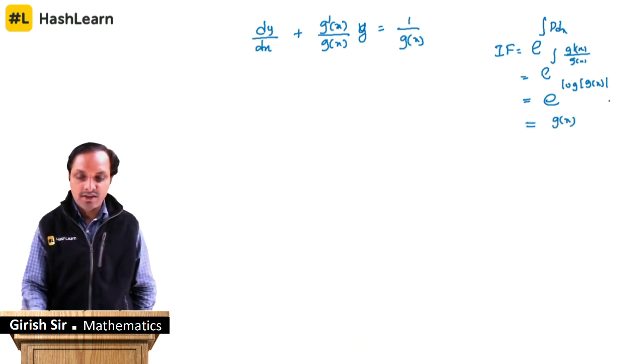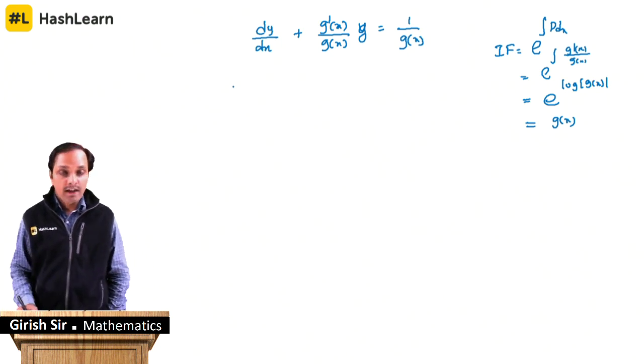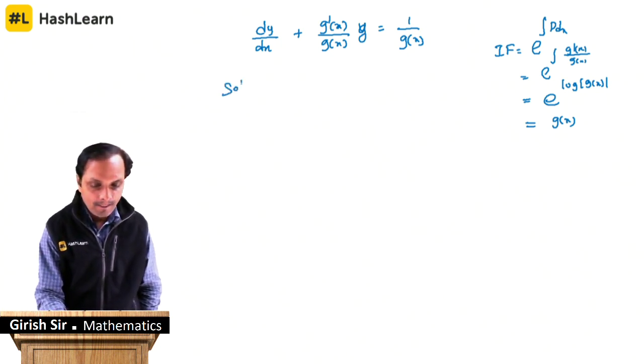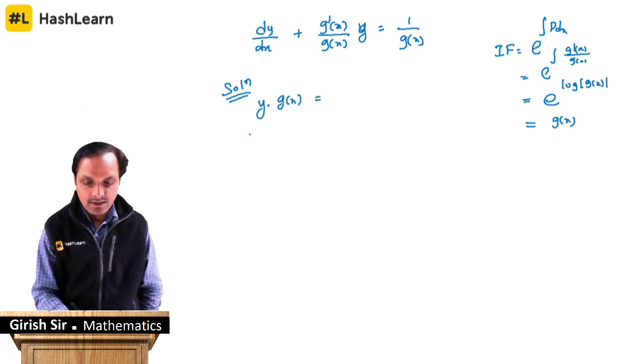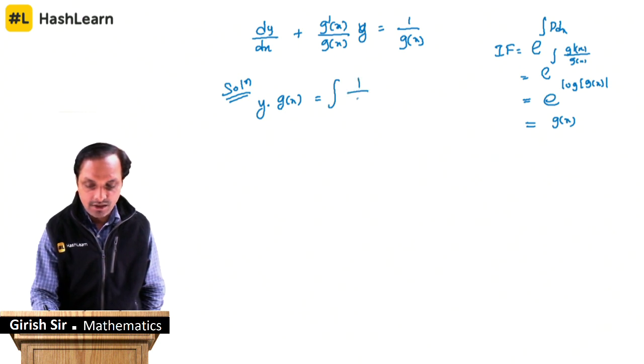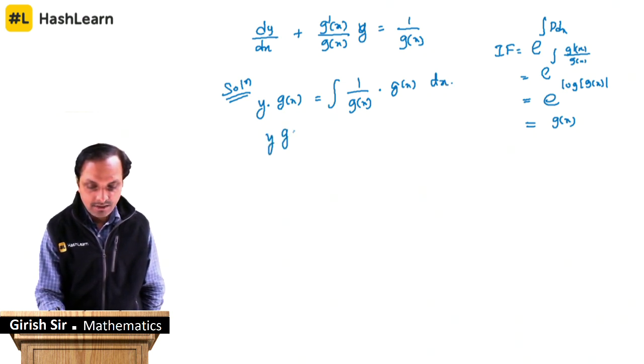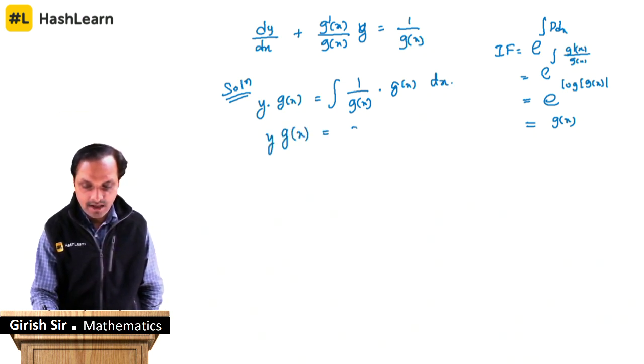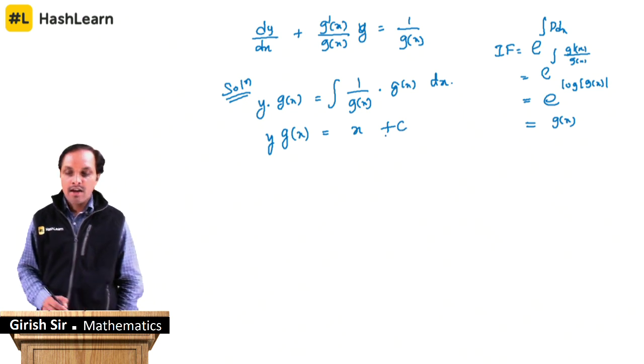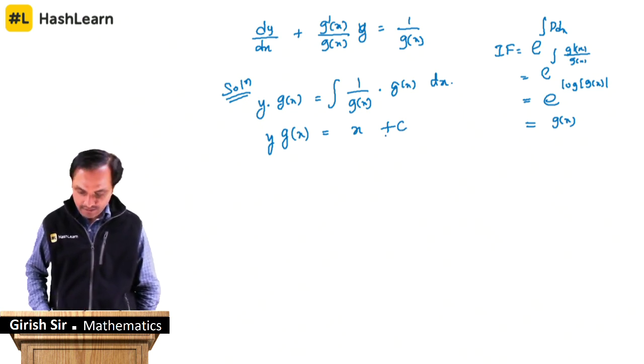This part will give you just g of x. So we have a solution as y into integrating factor, g of x, is equal to integration of q, which is 1 by g of x, into g of x, the integrating factor, into dx. So your answer will be y into g of x is x plus integration constant c. And what is our g of x?